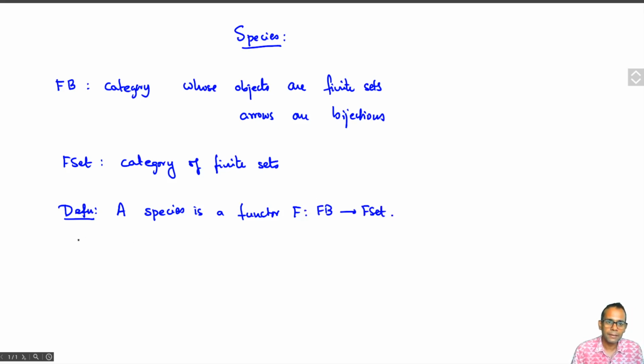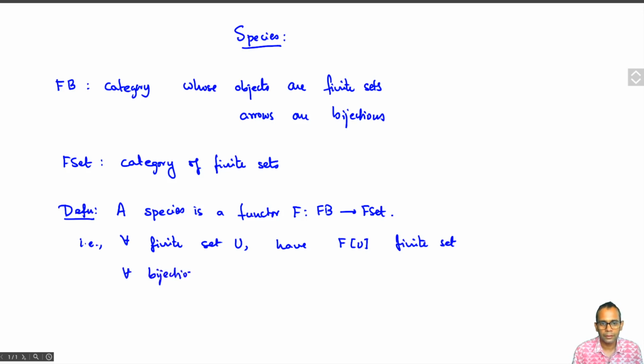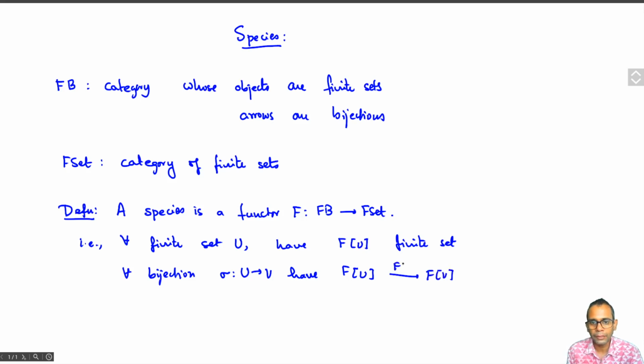And what does this mean? This means that for every finite set U is associated a finite set F of U. And for every bijection sigma from U to V, we have a function F sigma, F of U to F of V, a function F sigma.